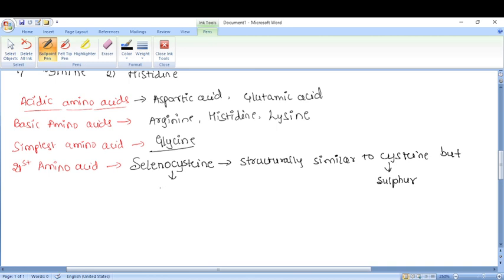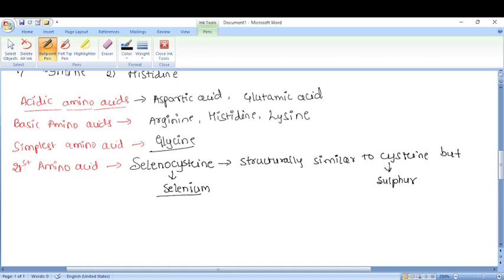Is it clear? 21st amino acid, selenocysteine. Selenocysteine is structurally similar to cysteine, but the only difference is that in place of the sulfur, selenocysteine has selenium.